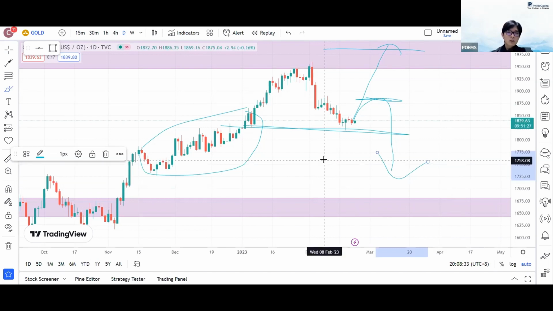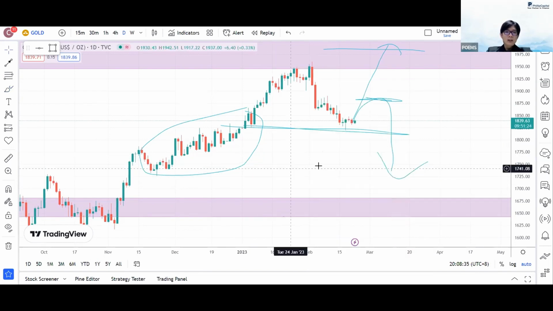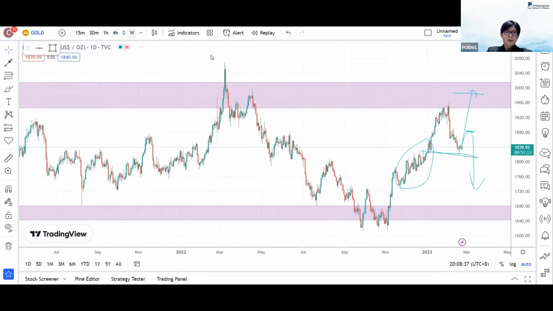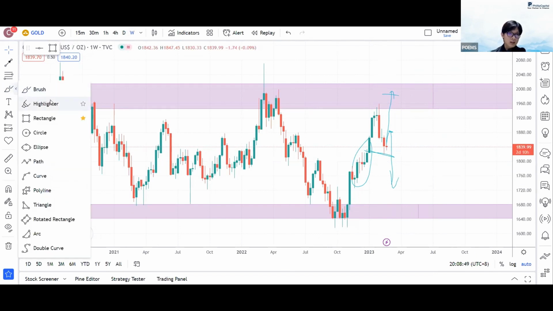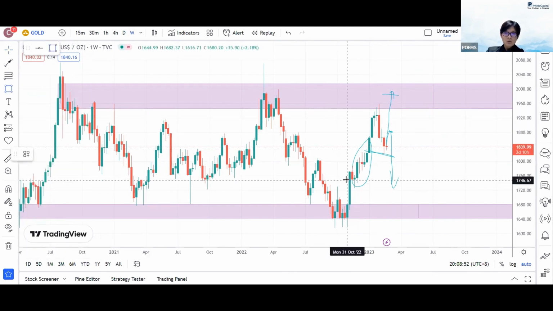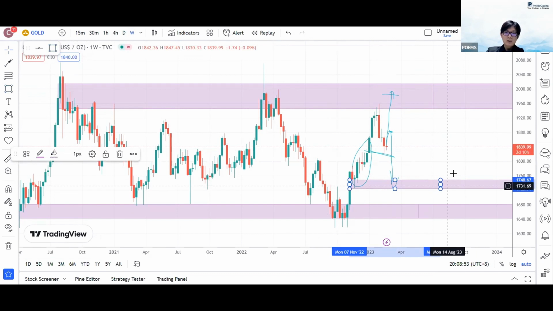So gold itself, if we are looking at a longer period, is actually trading in the range level now. But this momentum towards the upside of this 1,900, we might not see it pushing through anytime soon. We will see orders getting taken away. So let's take note at this 1,720 towards a 1,660 level.